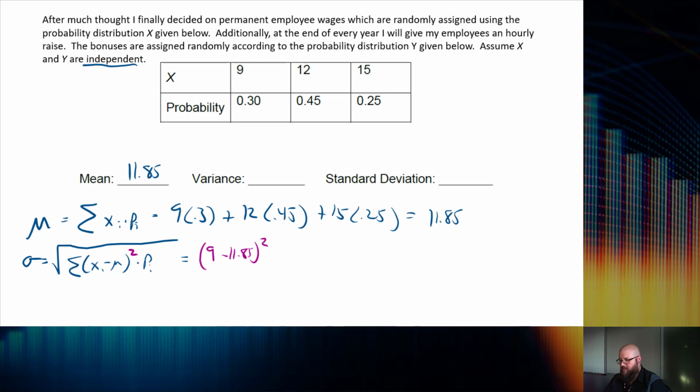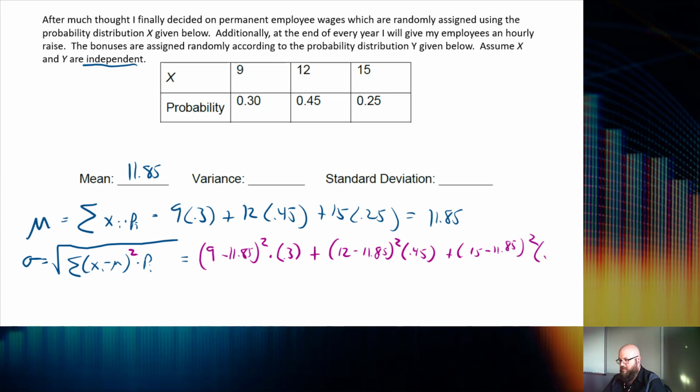Squared, times a probability of 0.3, plus 12 minus 11.85 squared times 0.45, plus 15 minus 11.85 squared times 0.25. I'll put it in the calculator and figure that out.